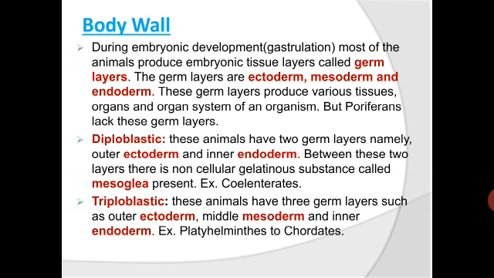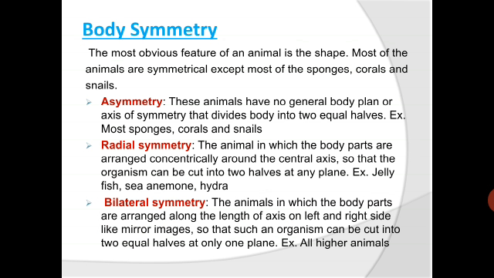Coming to the body symmetry. The most obvious feature of an animal is the shape. Most of the animals are asymmetrical except most of the sponges, corals and snails. Depending upon the body symmetry, there are different types of organisms like asymmetry.